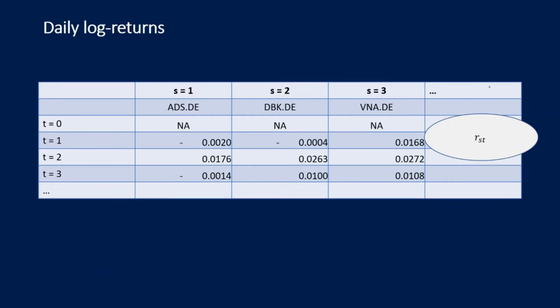Let us denote the daily log returns as R of stock S at time t, so without the D. The daily log returns are defined as R of stock S at time t is the natural logarithm of the price as of today divided by the price as of yesterday.